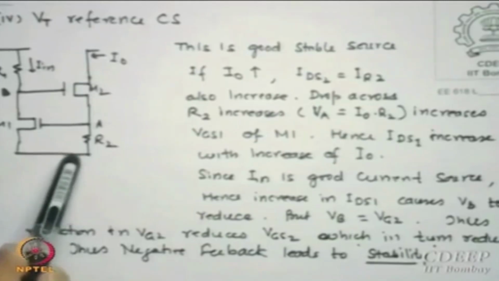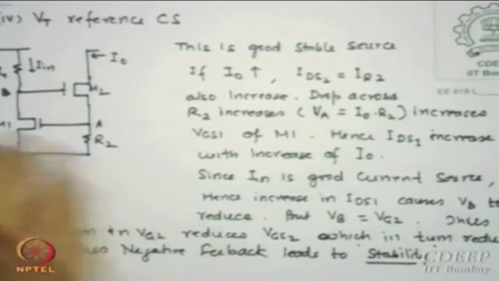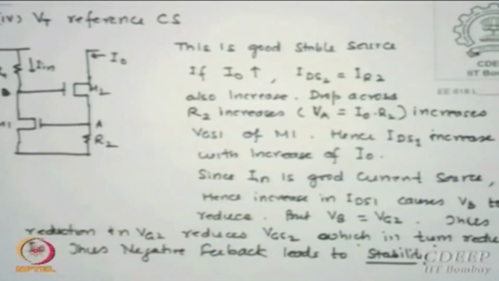There is no R2 there, I think, okay. Here we are given an R2 drop which is the VGS for the next transistor, and that changes the current in the other arm, feeds back from here to here, and keeps adjusting until it settles itself, okay. Thus it has stability because of negative feedback, as we said.